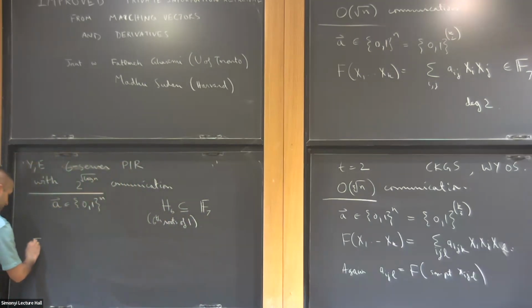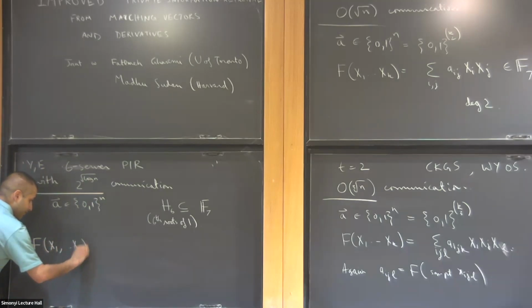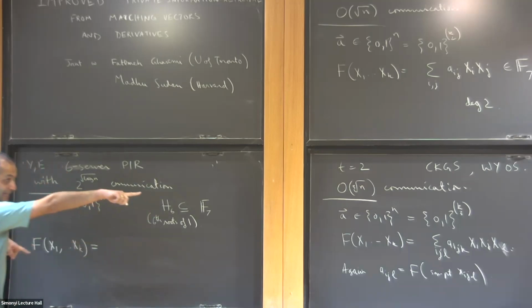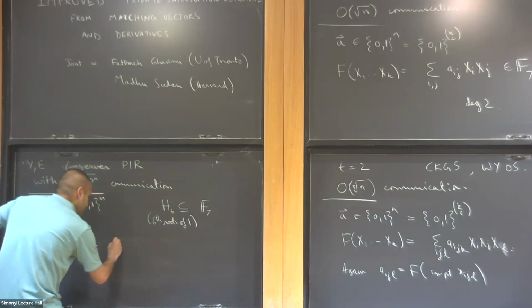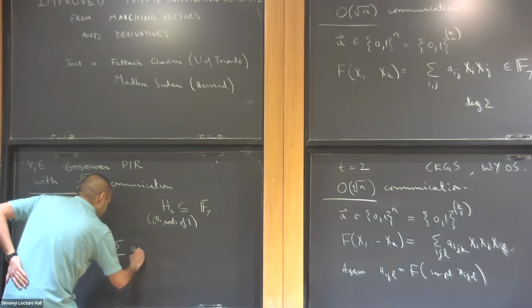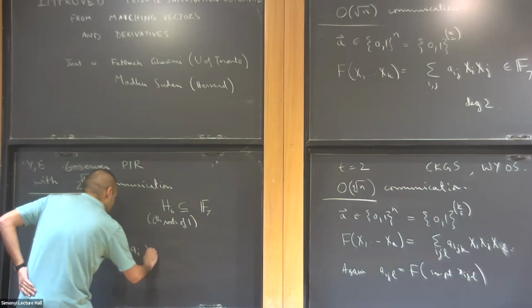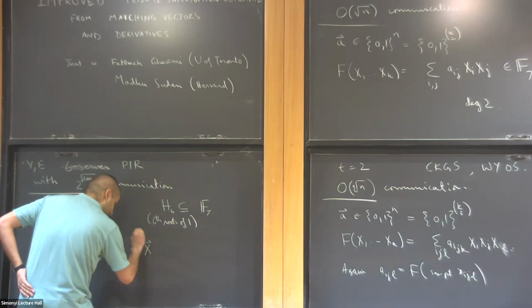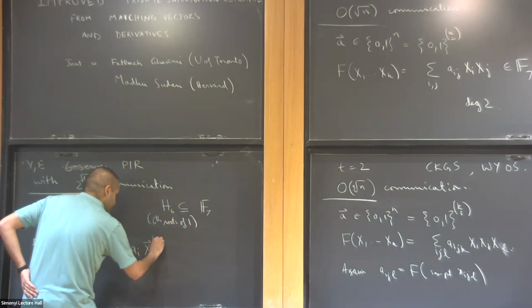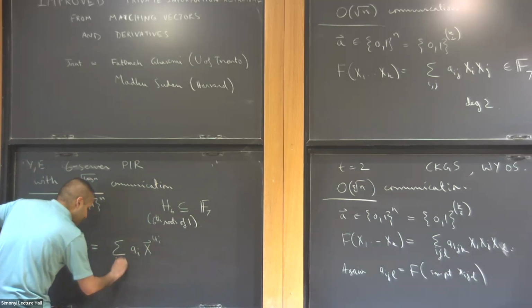And I have a polynomial f of x1 up to xk, where my k was set up so that it's similar to the matching vector family. I define it to be the sum over i from 1 to n of a_i times x, the vector of variables, to the u_i.